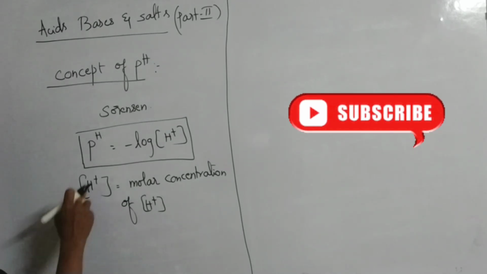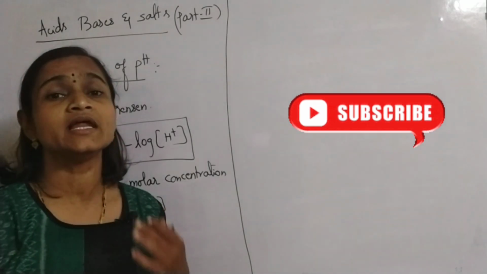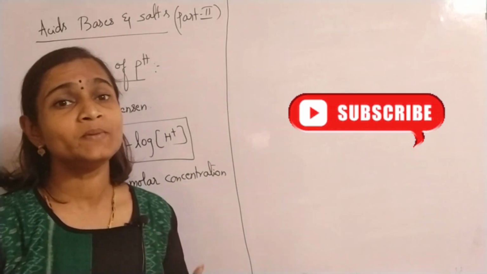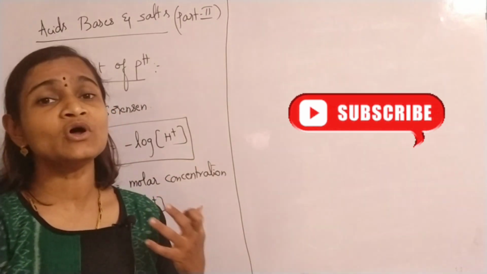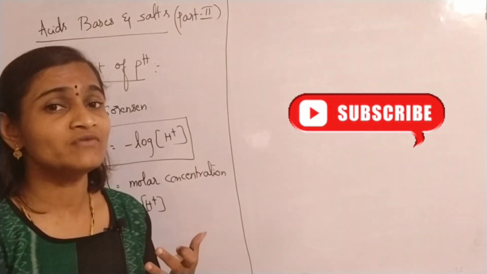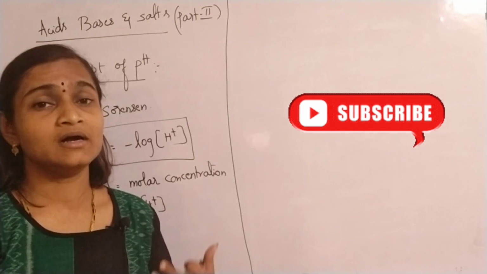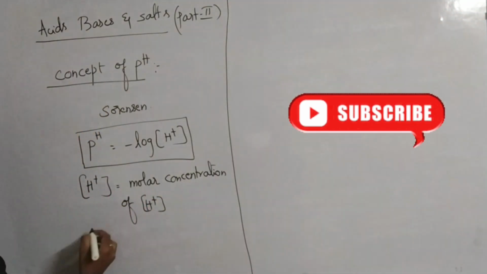So in order to find the relative strengths of acids, we should know the amount of H plus ions that are going to be released when 1 mole of an acid is dissolved in water. So H plus ion concentration you have to check.